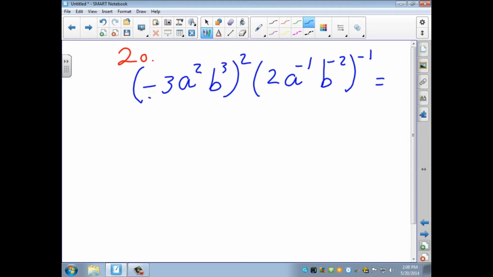I can take this as minus 3, so minus 3 to the second power. Since every place is multiplication, I can have them separately.